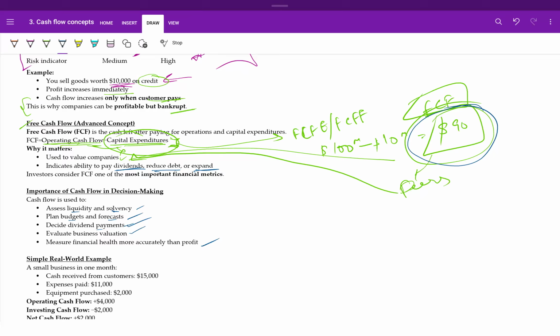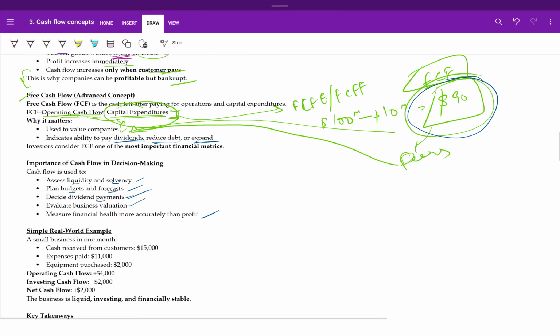Let's understand a simple real world example here. Cash receipts from customers are 15,000, expenses are 11,000. These are going to be part of our operating activities. Equipment purchase is an investing activity. So the operating cash flow is 4,000 because 15,000 minus 11,000 is 4,000.